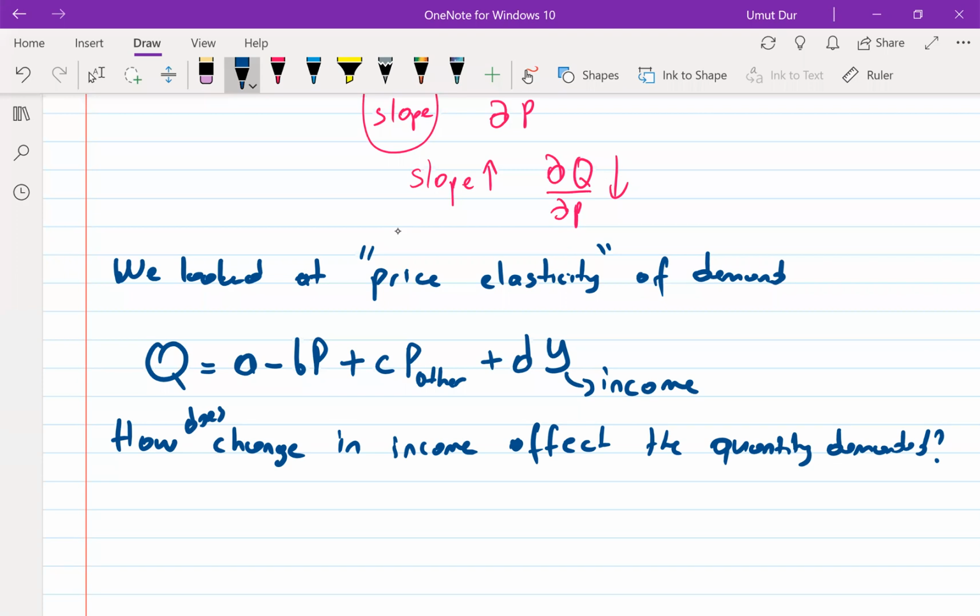Mathematically we will do exactly the same thing as we did for the price elasticity.